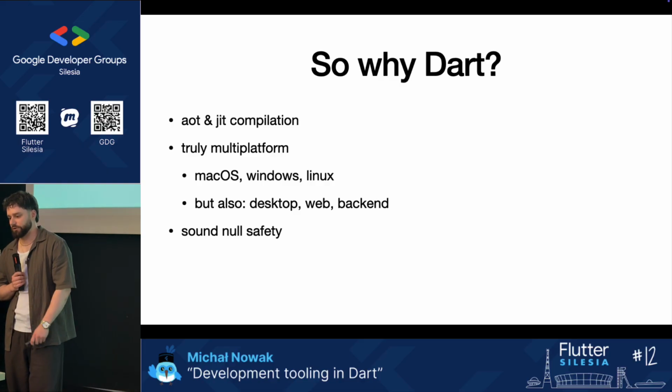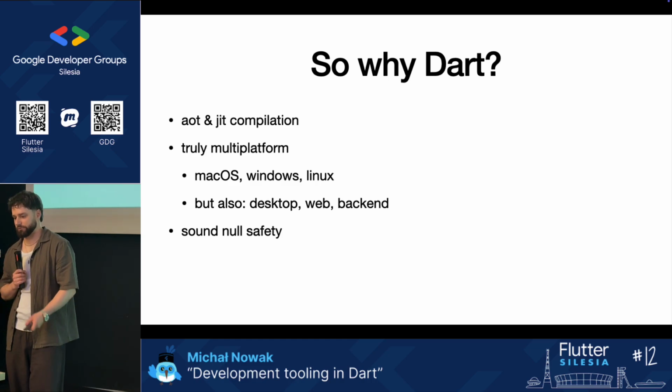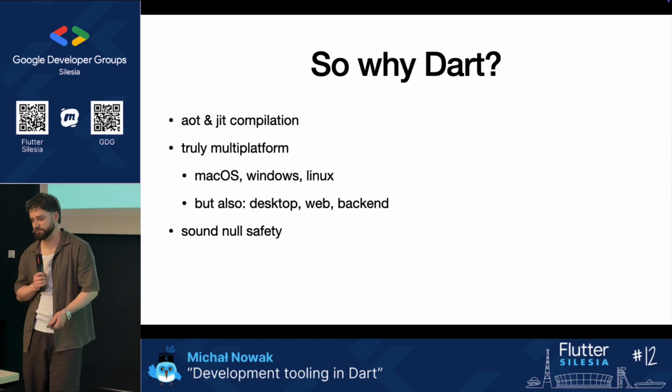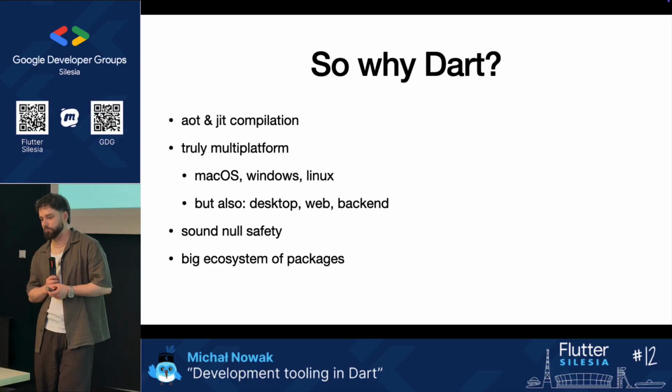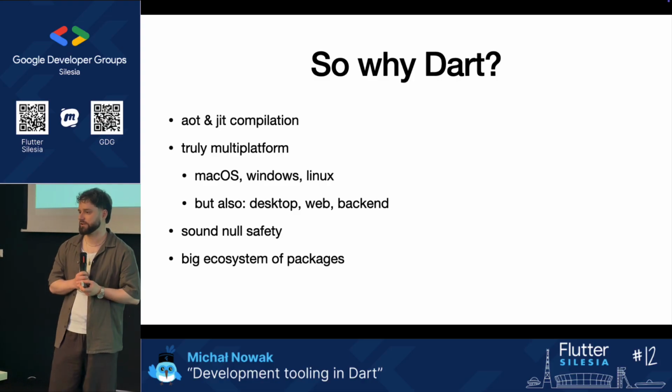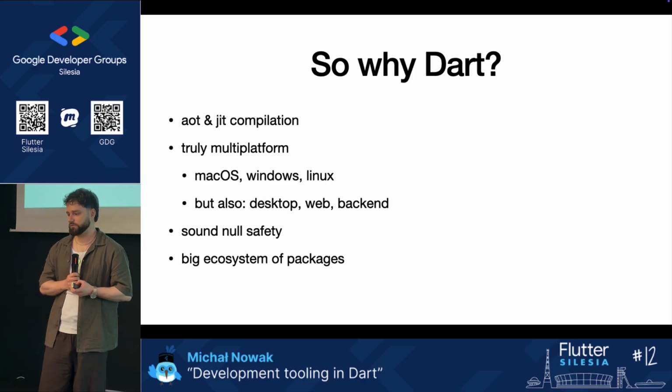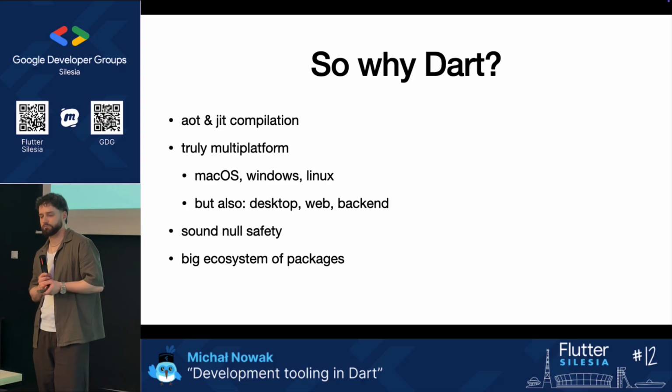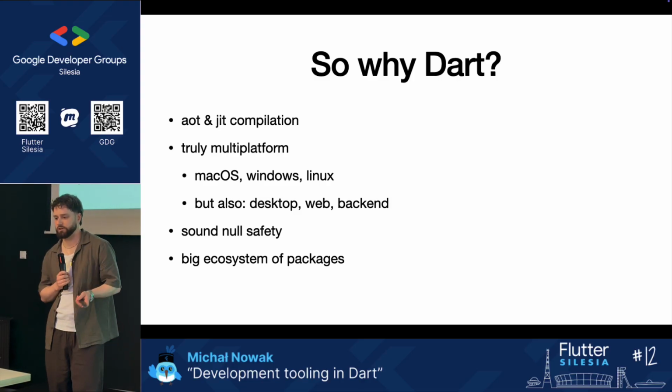Also you have all those nice developer features like sound null safety and the syntax, right? But also the ecosystem of packages is not that shy. You can find a lot of things you're gonna need, like maybe some Slack notifications, integrations, or all that stuff already on pub.dev, ready to use. And it's not that bad.